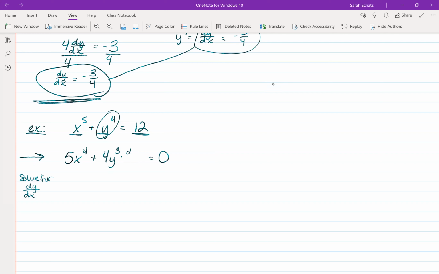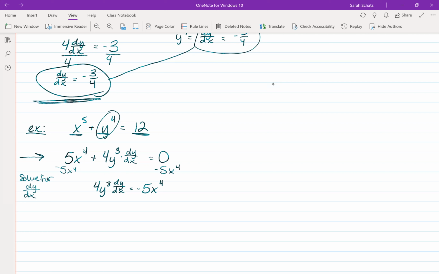So you have to have a dy dx somewhere in your equation so you can actually solve for it. So just isolating the dy dx, let's go ahead and subtract the 5x to the 4th from both sides. And then I'll get 4y cubed dy dx equals negative 5x to the 4th.